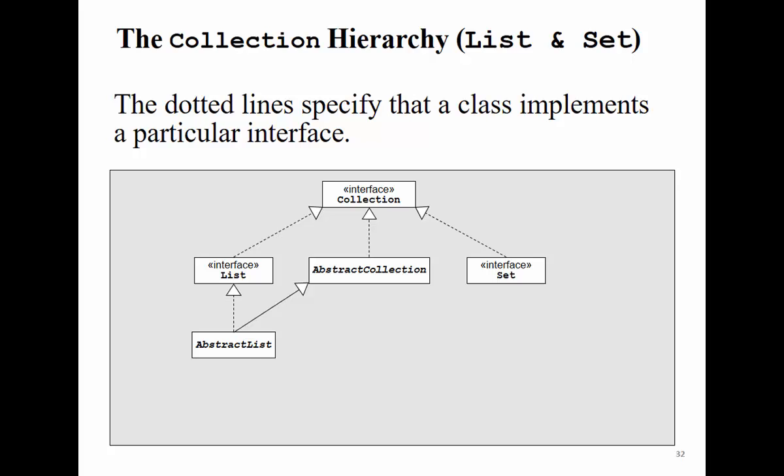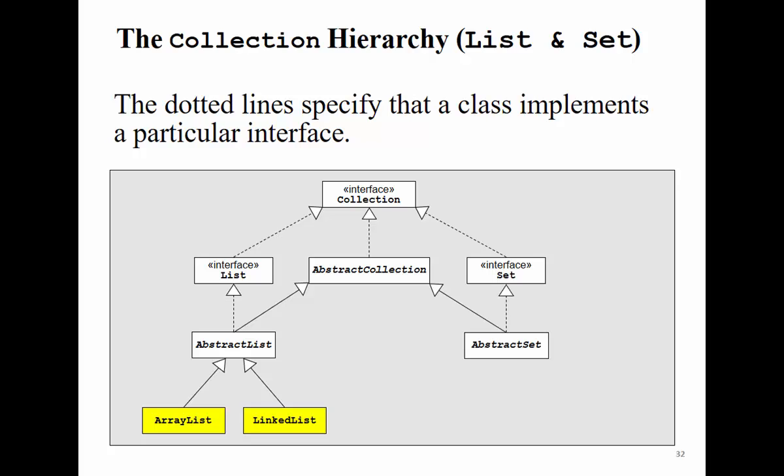Now, there is AbstractList that implements List and AbstractCollection. Under AbstractList, we have ArrayList and LinkedList. See the hierarchy here? ArrayList implements the interface called List, and LinkedList also implements the interface called List.